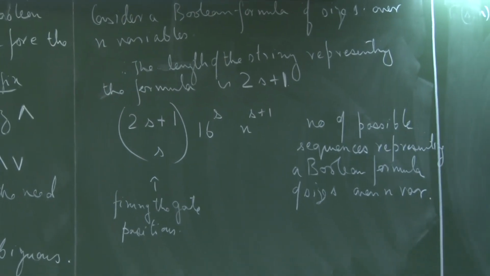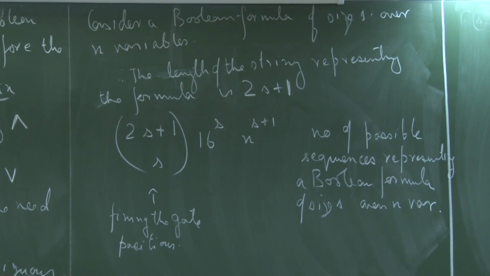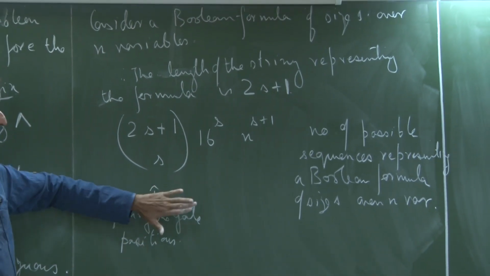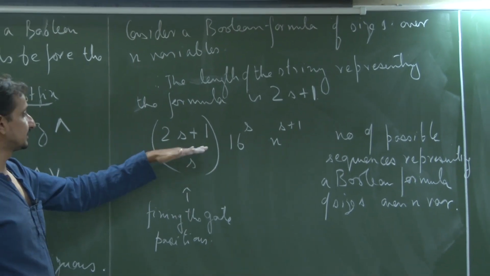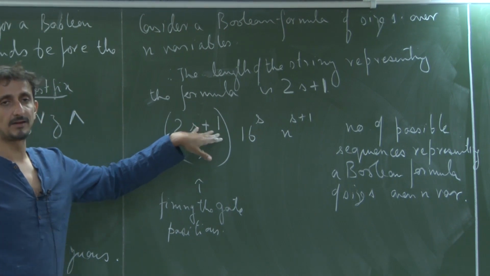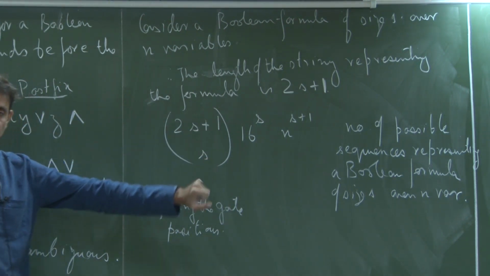So, now let us try to once again estimate this quantity. Here again we can use Stirling's approximation. This is like (2s+1)! divided by s! times (s+1)!.